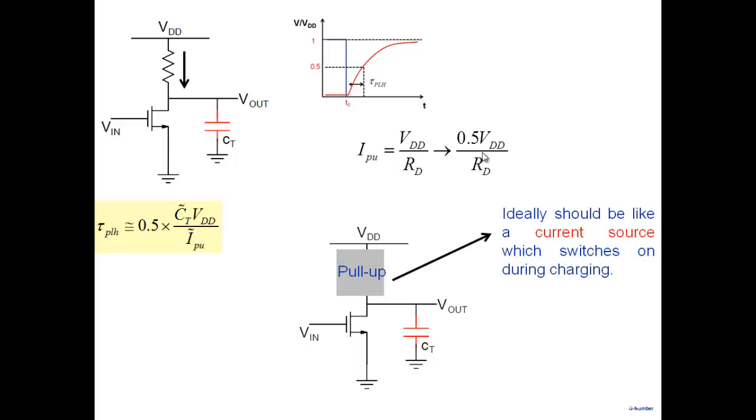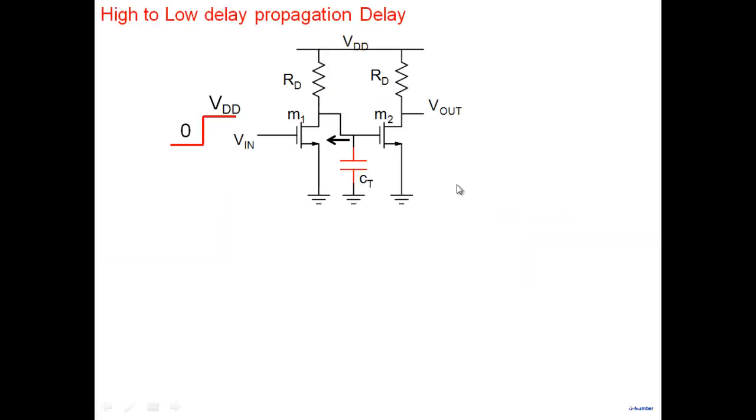On the other hand, a transistor can act like a current source. So if I replace it by a transistor, whatever current comes in may remain constant for a long time, unlike a resistor. So a resistor is not a good pull-up element. The charging current is continuously decreasing, so for that reason also the resistor is not good.